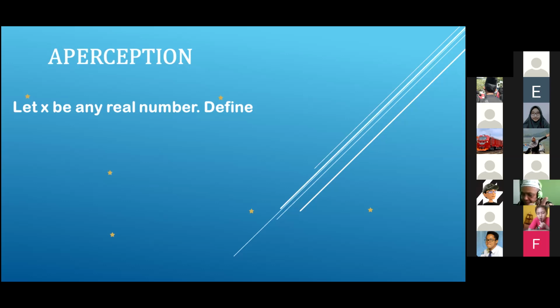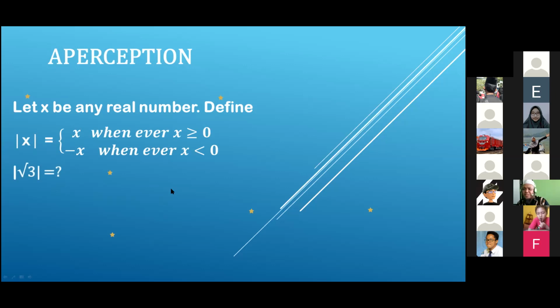Okay, correct. Good job. So this is the definition of the absolute value of x, where x is any real number.